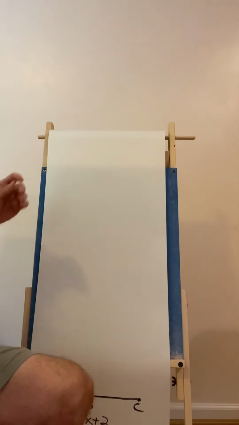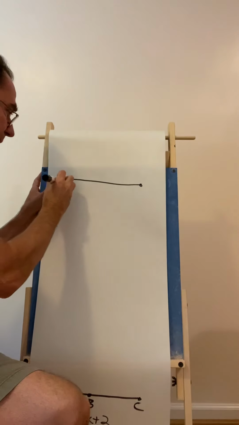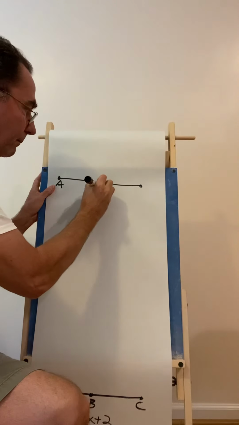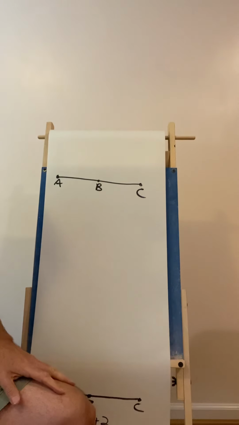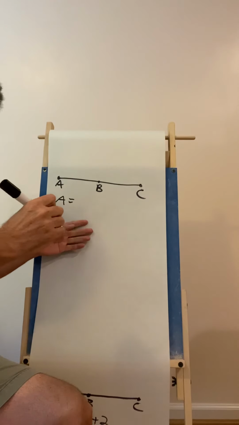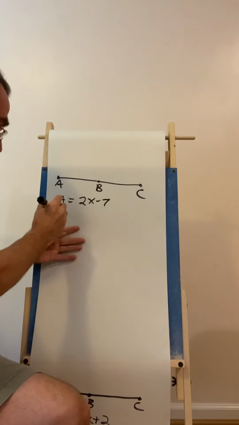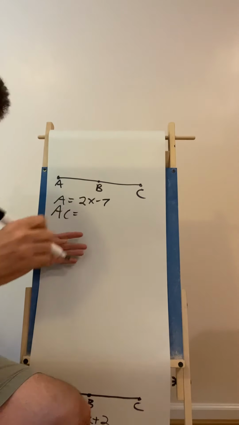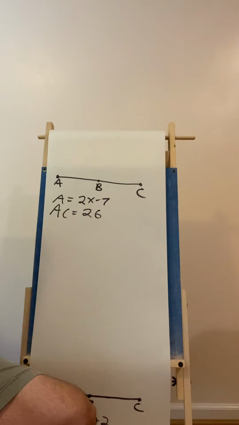So here we go. We're going to have the same diagram, A, B, C, and B is the midpoint, and we're given AB is equal to 2x minus 7, and AC is equal to 26. And we want to solve that for x.